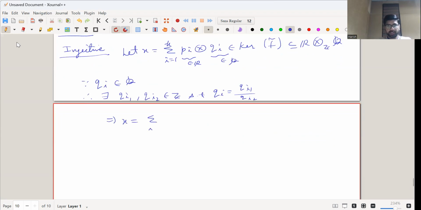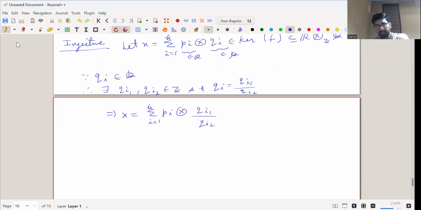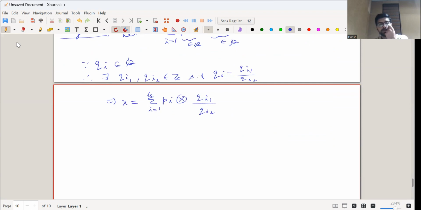This is summation i equal to 1 to k of pi tensor qi1 over qi2. Then you first shift here the qi1 part and then the qi2 part, similar to the solution of the last problem.